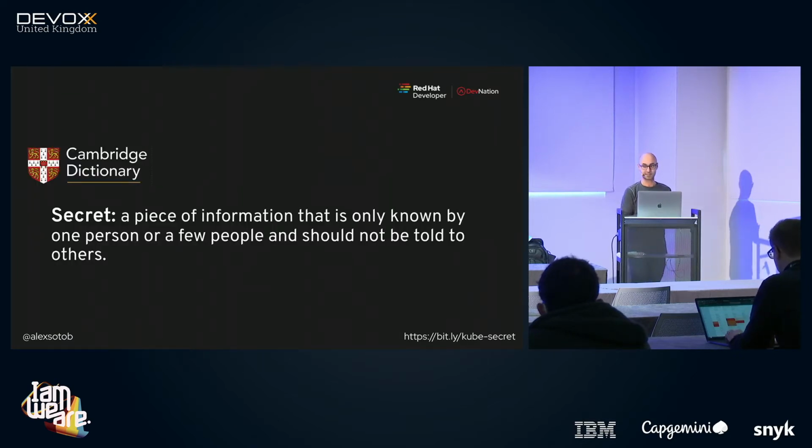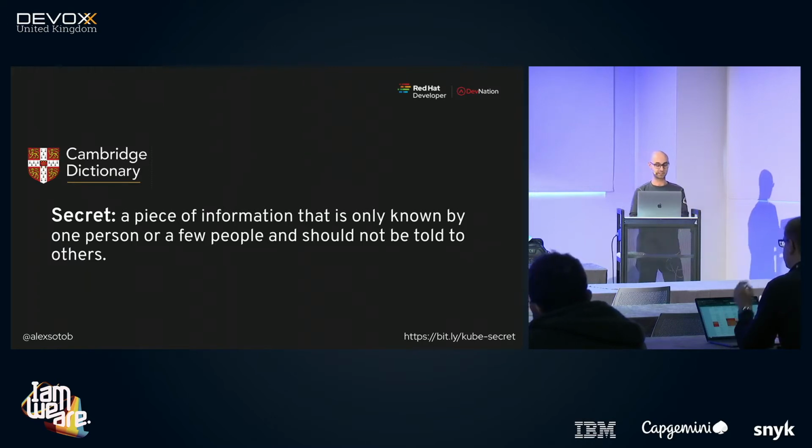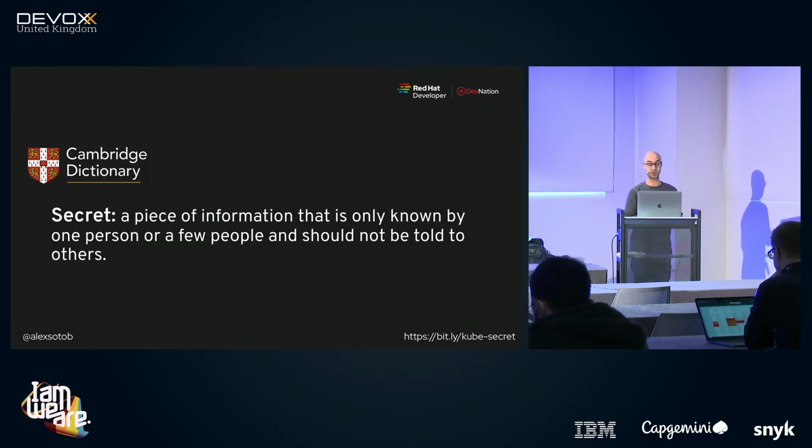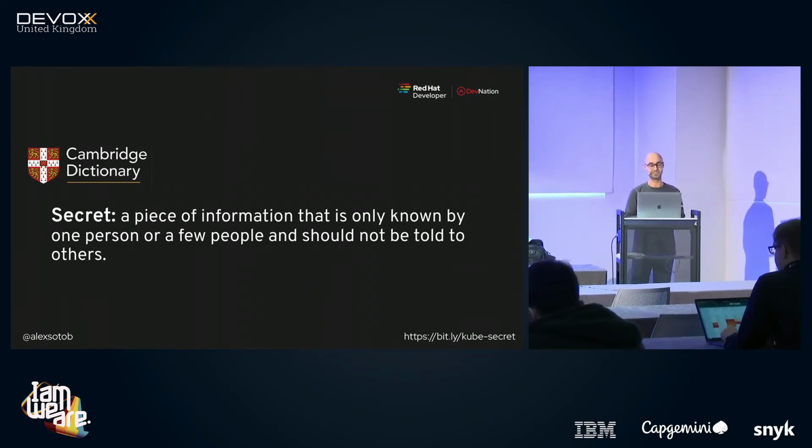So let's start with what is a secret. I just checked the Cambridge Dictionary and it says that a secret is a piece of information that is only known by one person or a few people and should not be told to others. And probably here we could start discussing funny things about secrets, right?